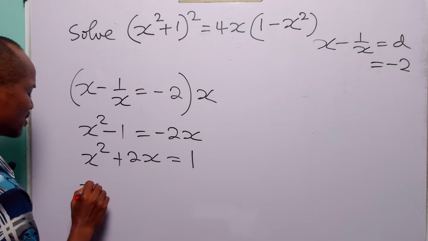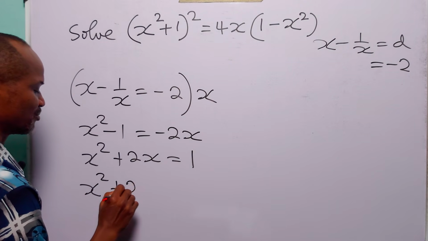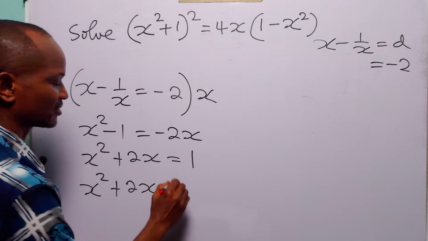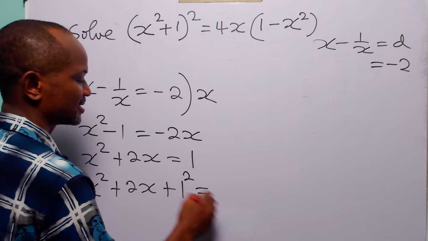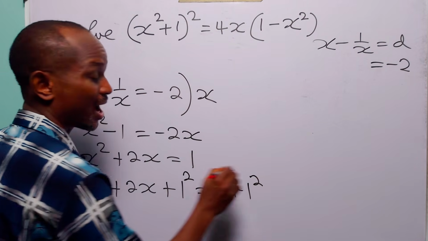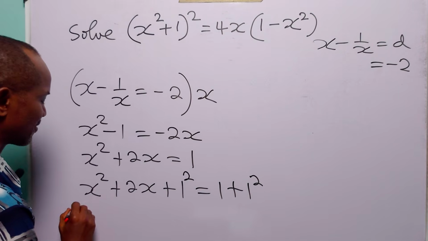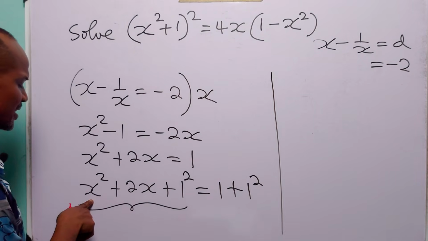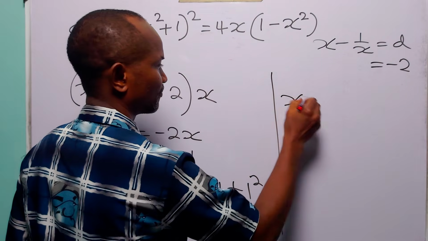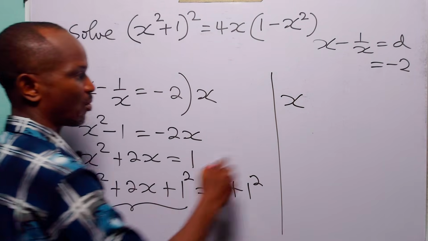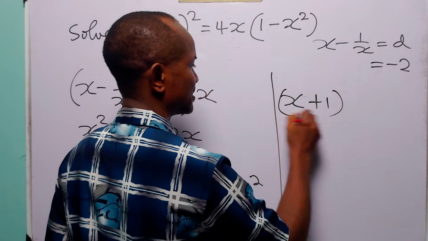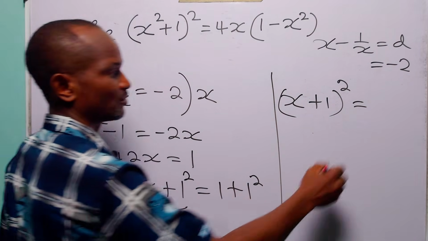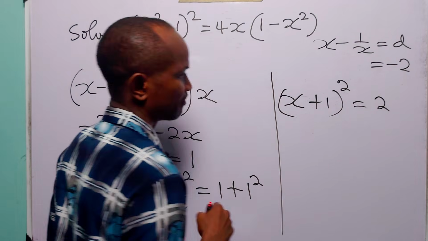When we do that, this equation becomes x squared plus 2x plus, now 2 divided by 2 is 1, so here we have 1 squared, and this is equal to 1 plus 1 squared. Now, this is a perfect square. So we take x, and we take 1, and we square. This is equal to 1 plus 1, which is equal to 2.